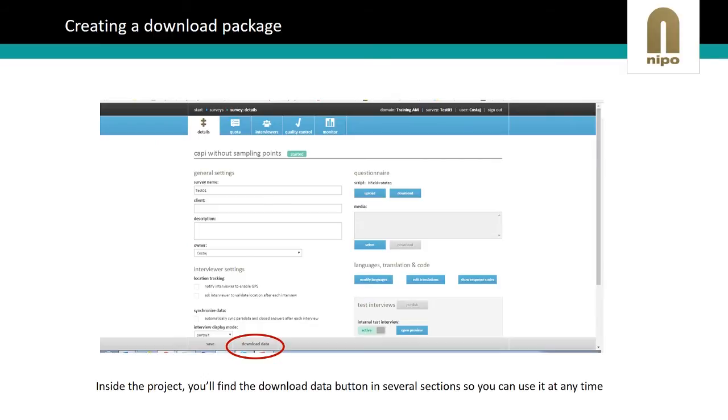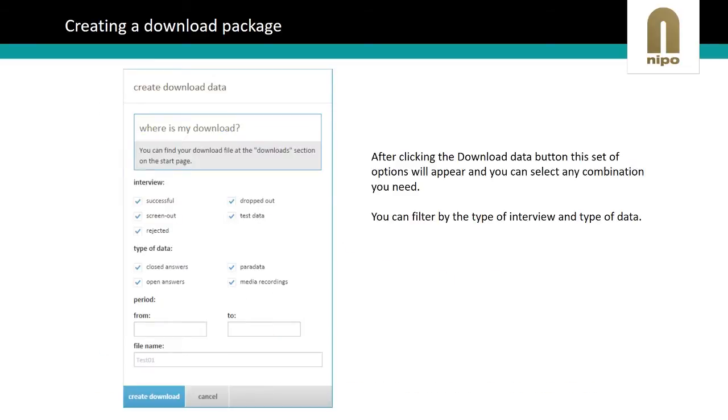Very simple. Once you click download, a small window will appear, and you will see all these possibilities that you can use to filter the data you will have in the package. You can select the type of interview, the type of data.